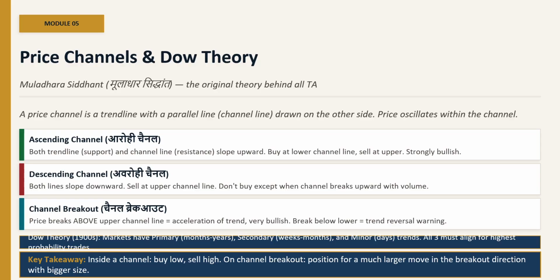Its core principle is markets have three types of trends. The primary trend lasting months to years, the secondary trend lasting weeks to months, counter trend corrections, and the minor trend lasting days. Always identify which level of trend you are trading before entering.